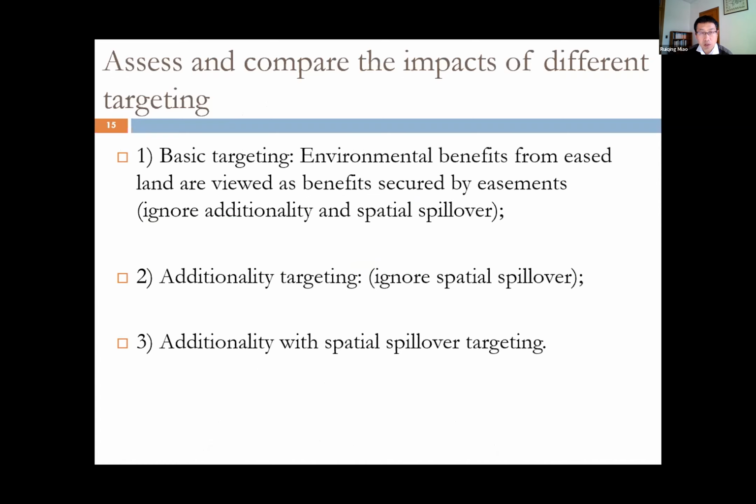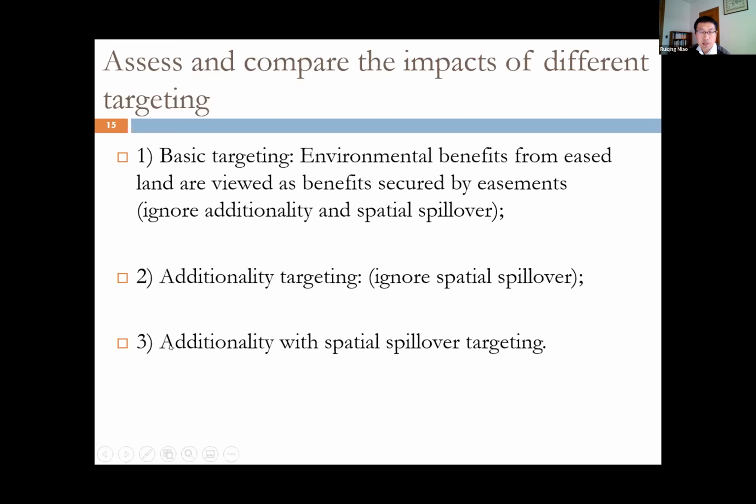One is the basic targeting. In this basic targeting, the environmental benefits from eased land are viewed as the benefits secured by the easement. So basically, it ignores additionality and the spatial spillover effect. And we'll also consider an additionality targeting. This additionality targeting improves the basic targeting, but it still ignores the spatial spillover effect.